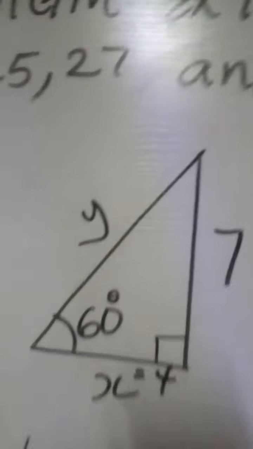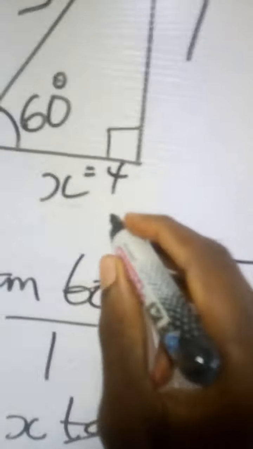Here I'm looking for y, and y is the hypotenuse. Then what do I have? y square equals, what is the opposite? 7, that is 7 square, plus, what is the adjacent now? 4, that is 4 square.